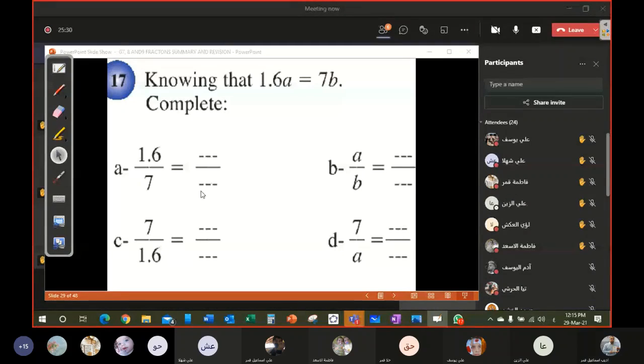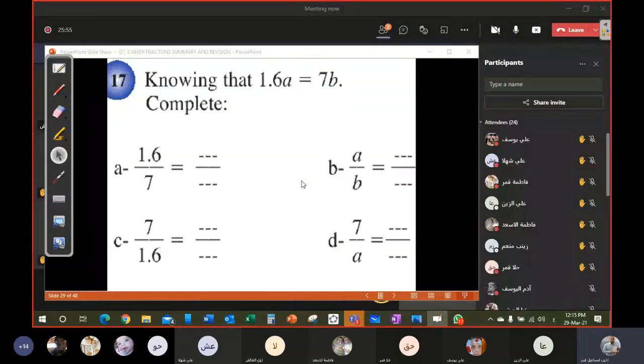How should we put A and B to get 1.6a equals 7b after doing cross multiplication? We multiply it by each other. Okay, where do we put A and where do we put B here?